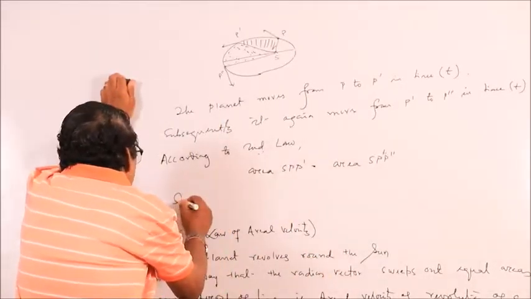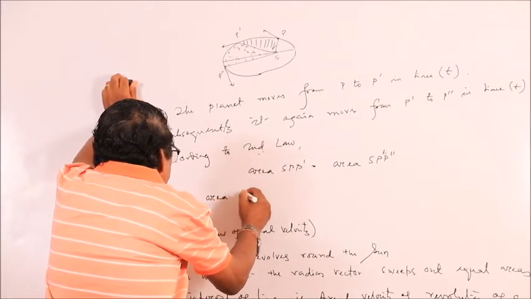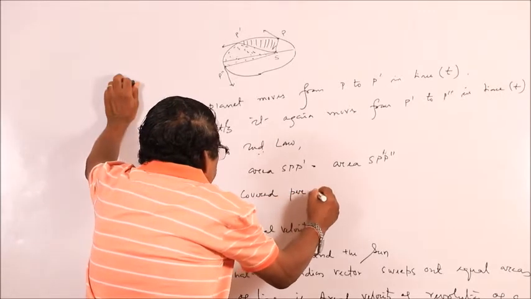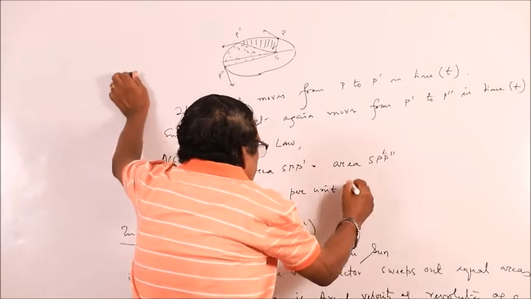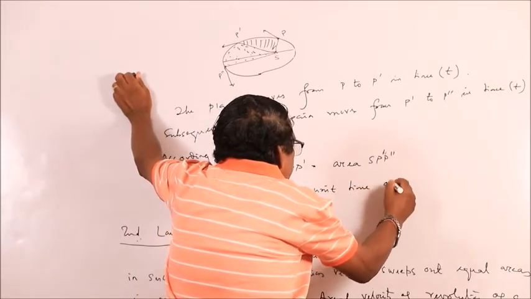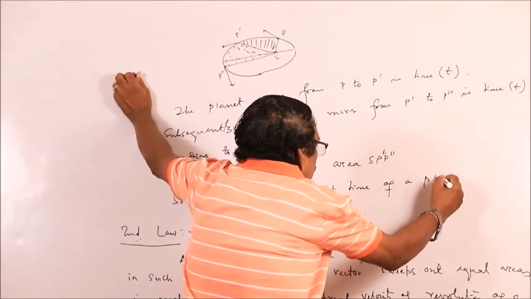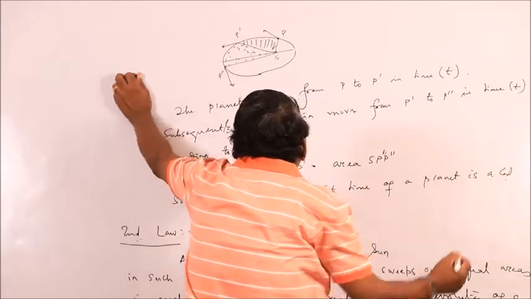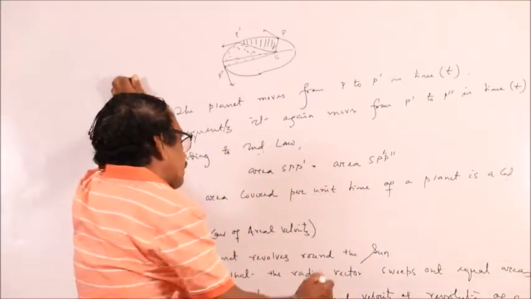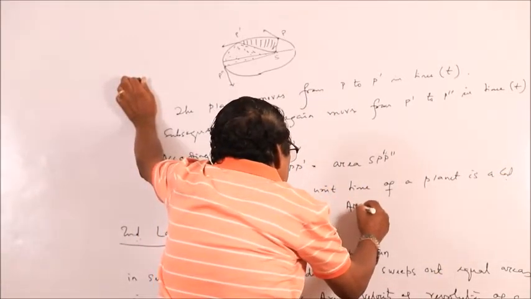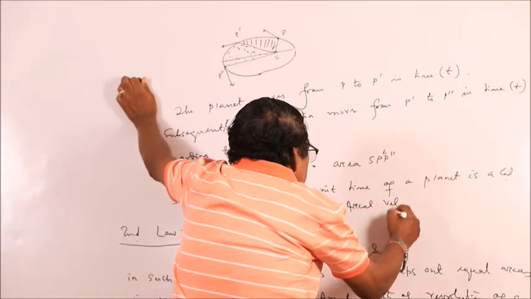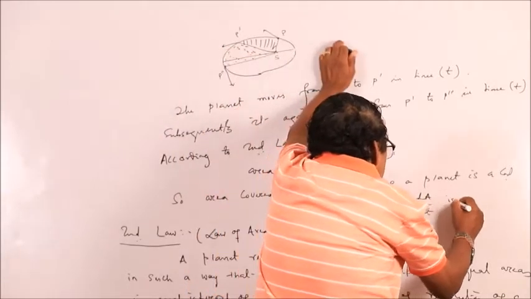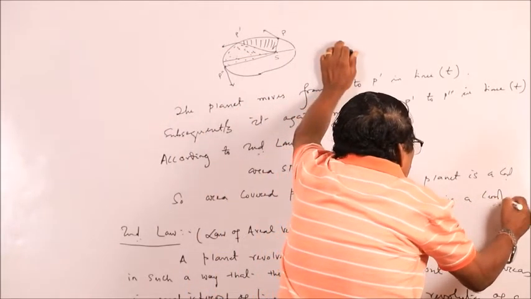So, area covered per unit time of a planet is a constant, that is aerial velocity. Aerial velocity dA by dt is a constant for a planet.